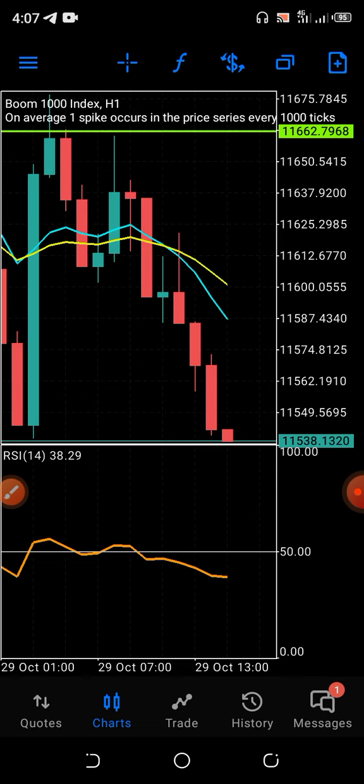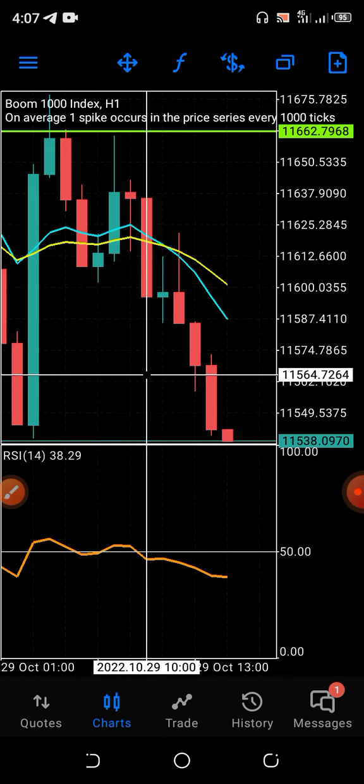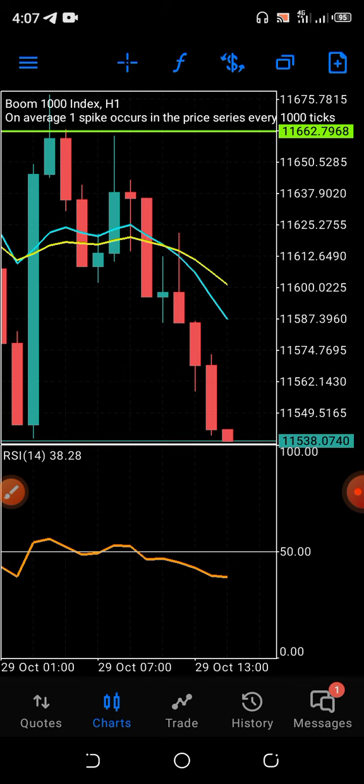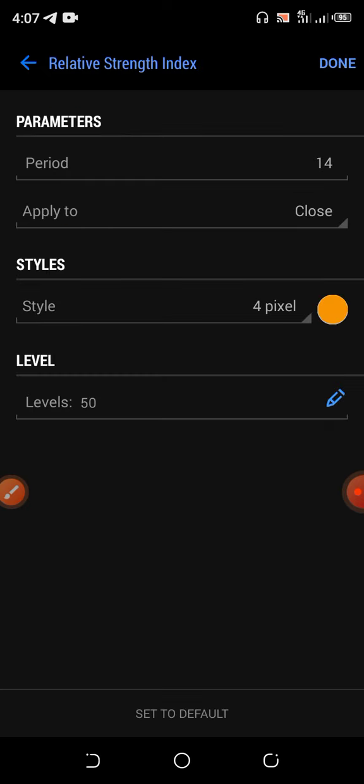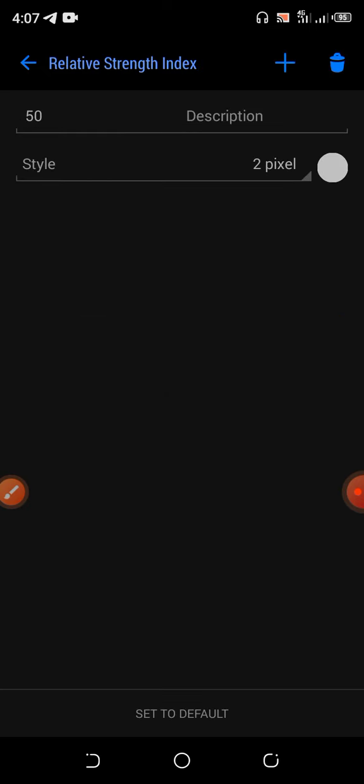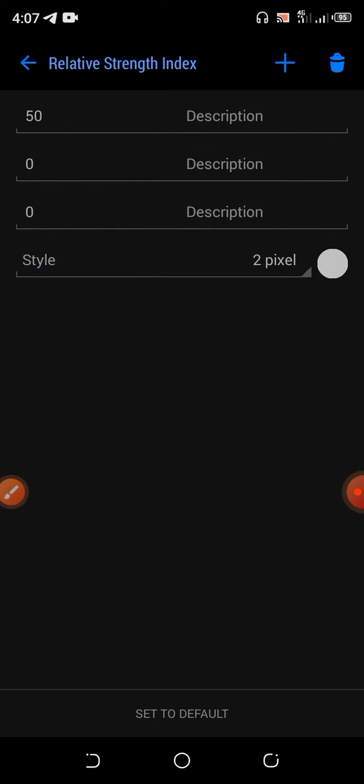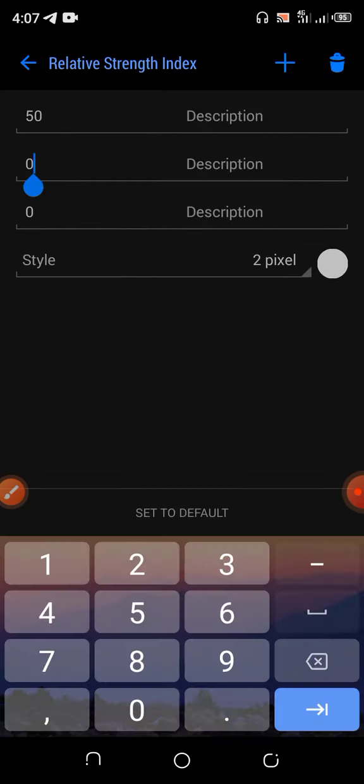By default, when we talk about RSI, anytime you set your default, what you will see is 70. Let me show you. By default, what we'll have here as levels is 70, and we'll have 30.